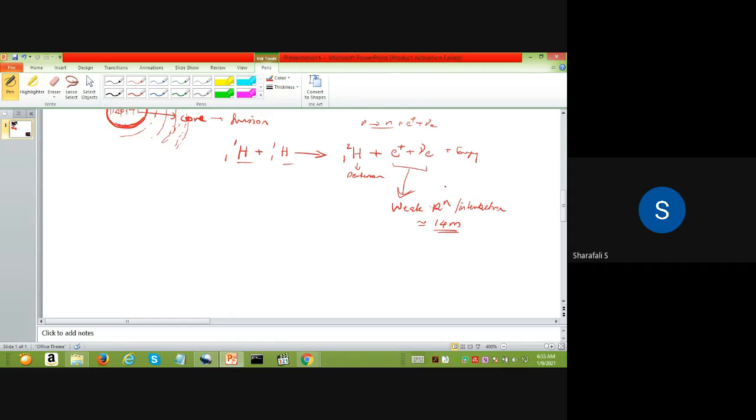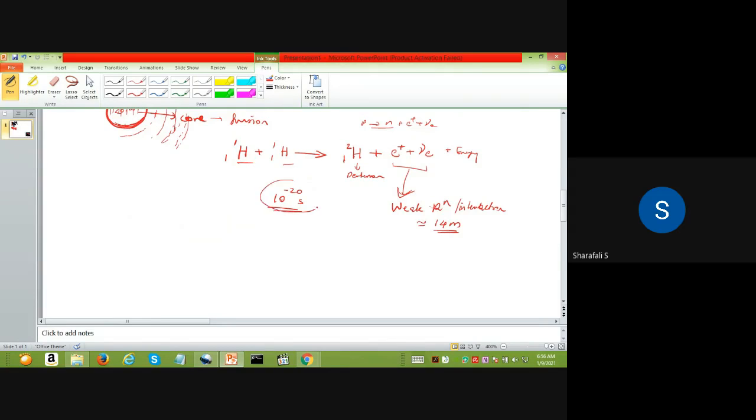This interaction will take at least 14 minutes. But the fusion reaction will happen very quickly. We already discussed that. The fusion reaction, we know, has to happen within 10 raised to minus 20 seconds.